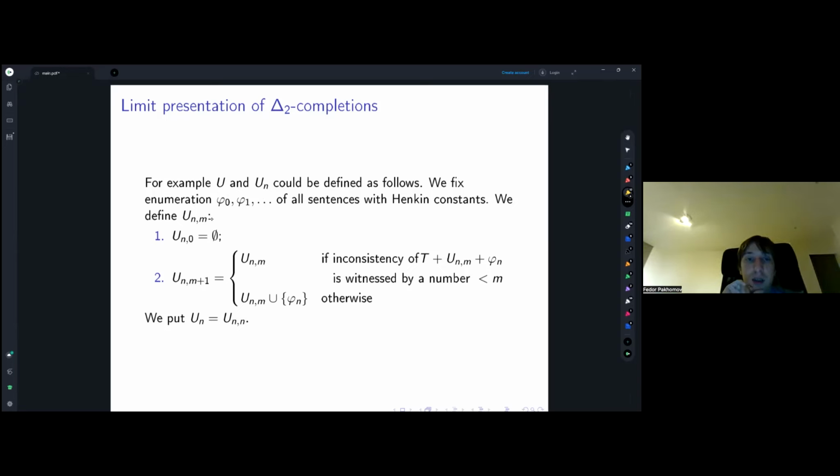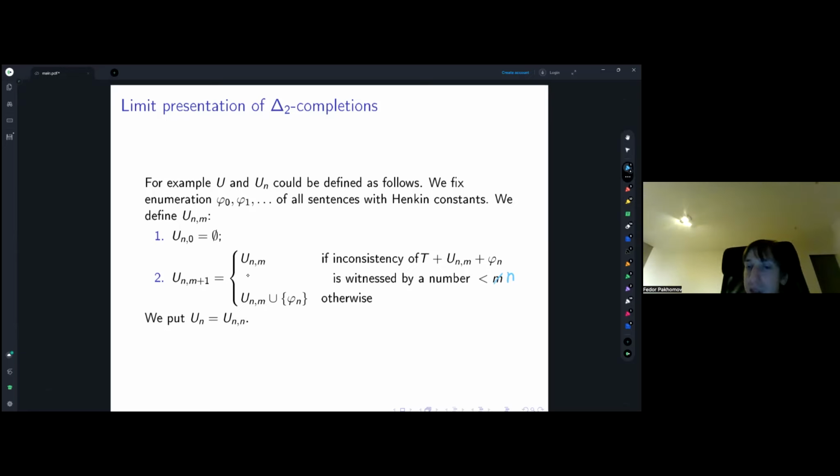U_0 is the empty set, and when defining U_{n+1}, we consider two possibilities.